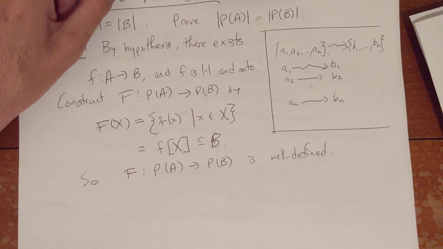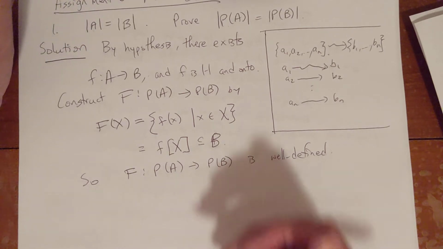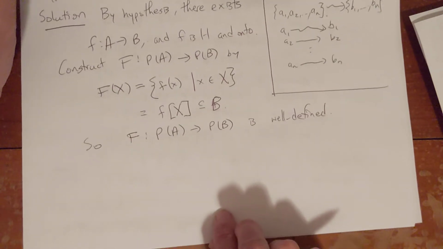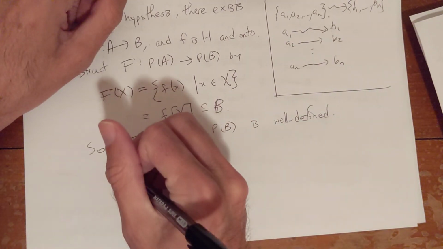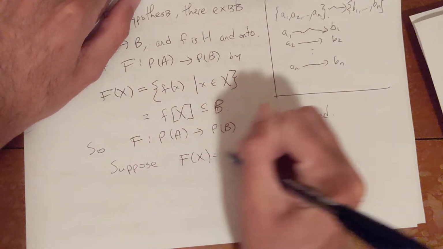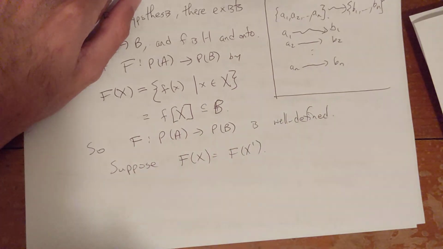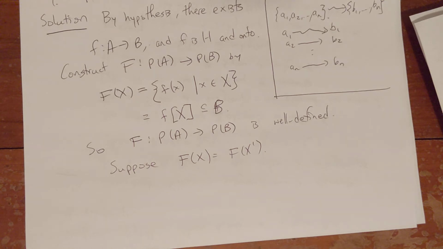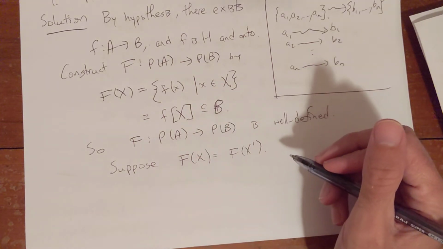Well, you could just construct the obvious inverse to this function. But let's just do the boring thing, check it's one-to-one and check it's onto. So suppose F of X equals F of X prime. Well, what does that mean? We have to show that X equals X prime.